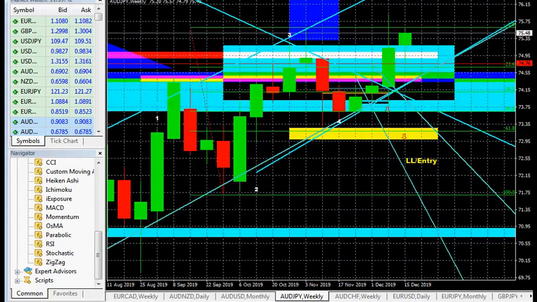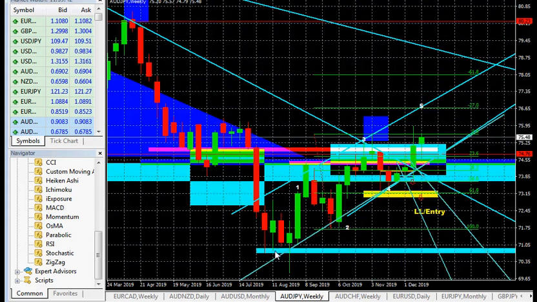weekly time frame. You can see in the weekly time frame a run, a pullback, a run, a pullback, a short-term uptrend in an overall downtrend in a bearish market. So we wait for when the bulls have lost their momentum through the break of this trend line and a lower low to take this market down.